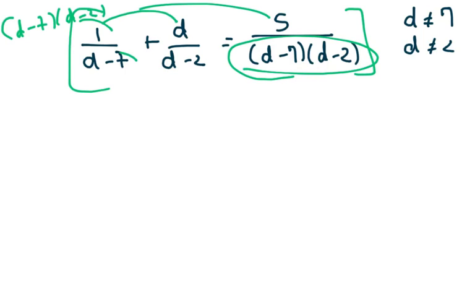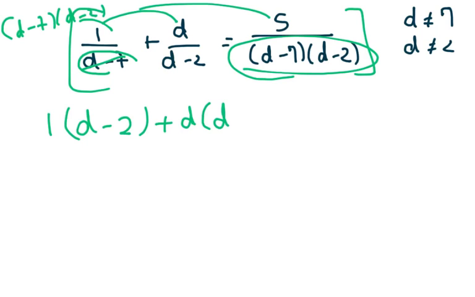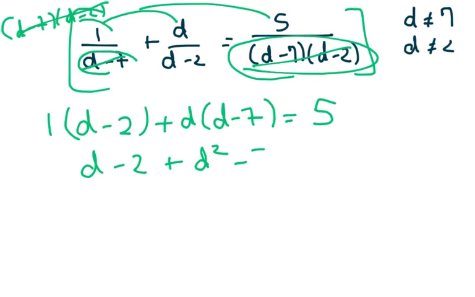So I'm going to get, this would cancel out and I get d minus 2. So you get d minus 2 times 1. So that's just times 1 plus d times d minus 7 equals, this just cancels, so we just get equals 5. Now simplify this and we get d minus 2 plus d squared minus 7d equals 5.